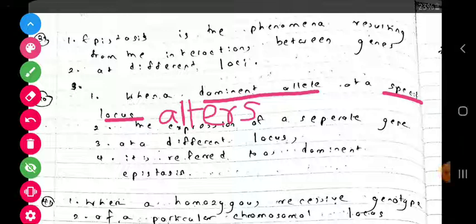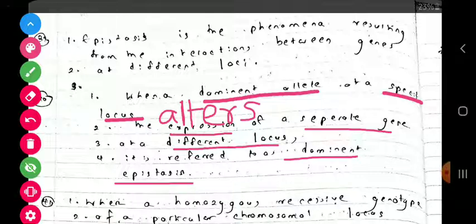When a dominant allele at a specific locus alters the expression of a separate gene at a different locus, it is referred to as dominant epistasis. Let's discuss a little bit of an example that will help us to understand the definition.